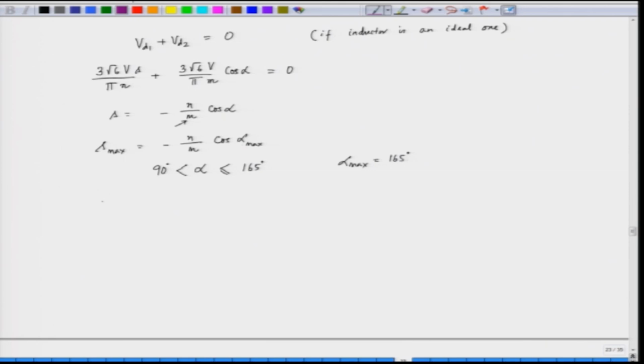So, what should be the turns ratio of the transformer? If we want to design the transformer turns ratio, that is equal to minus N cos alpha max divided by S max, and this is the turns ratio of the transformer.